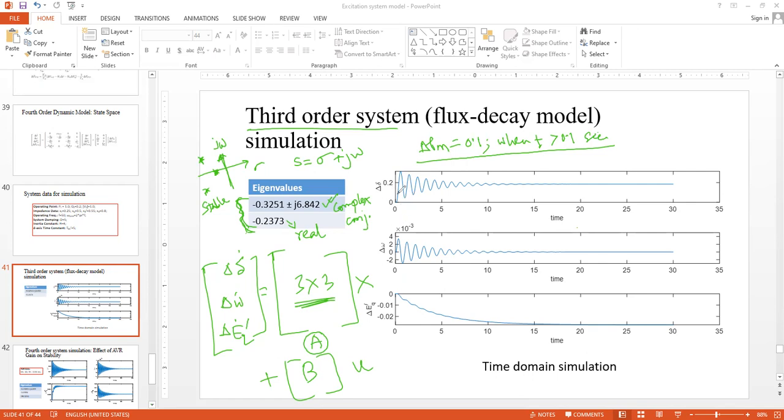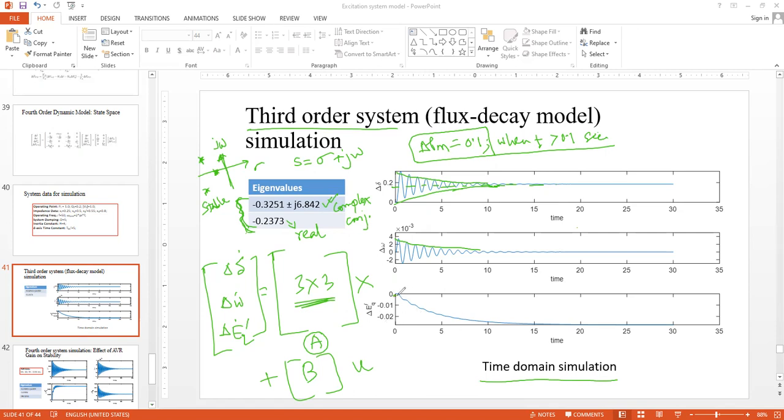Right after the introduction of this delta PM into the system, we have some oscillation, but the oscillation is decaying with respect to time, and the system is settling to a new equilibrium. So we can clearly tell that the system is stable. This is the time domain response.